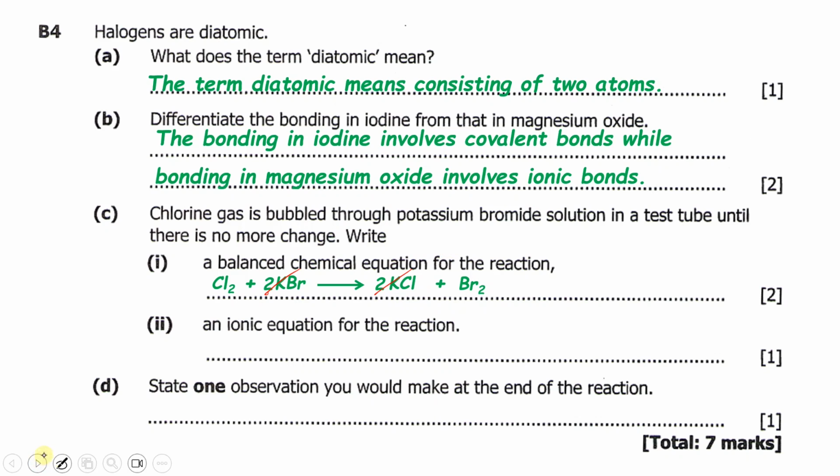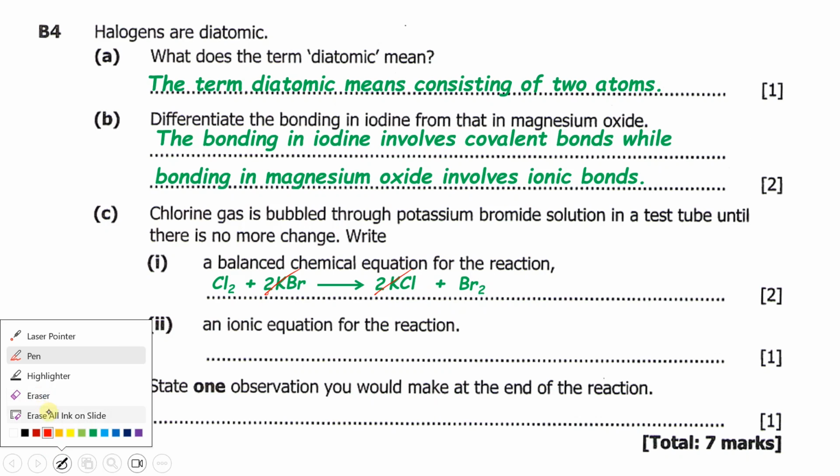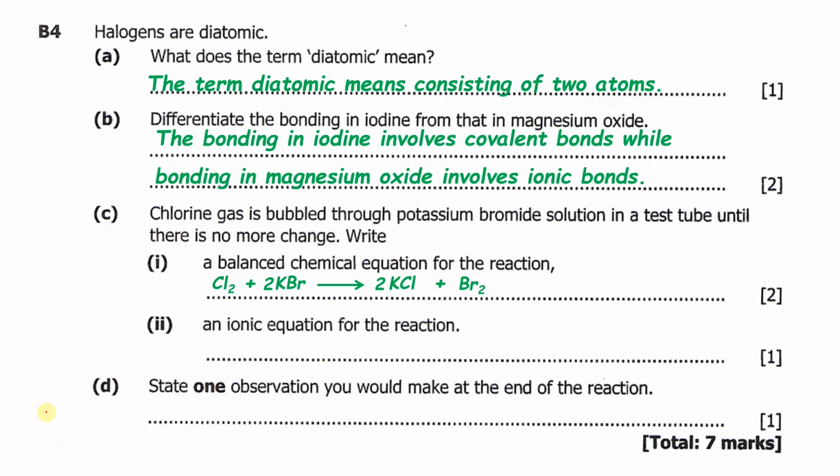That's what happens when you do an ionic equation. So if potassium cancels out there, you will remain with this as an equation: chlorine plus bromide 2, equals chlorine 2 plus bromide gas there. That would be the final ionic equation.